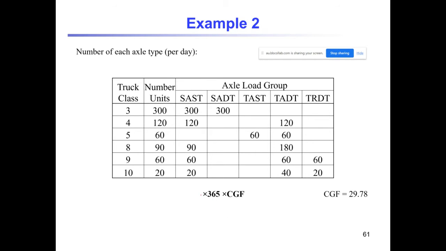So first we multiply the results per day, the AADT, with 365, and after that we multiply it by the cumulative growth factor to determine the number of the axles per design life of the pavement.